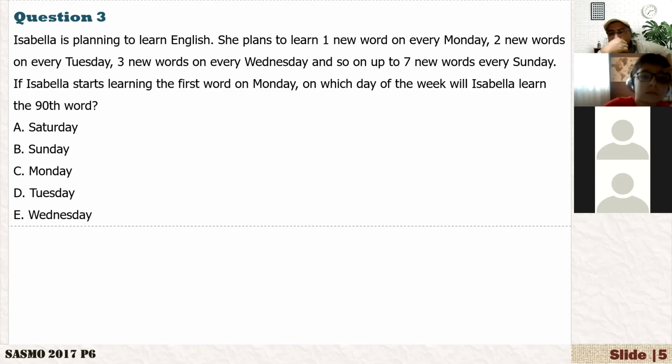Yes, Aidan, how did you solve it? I first count 1 plus 2 plus 3 plus 4 plus 5 plus 6 plus 7 to find words in 1 week. It's equal to 28.